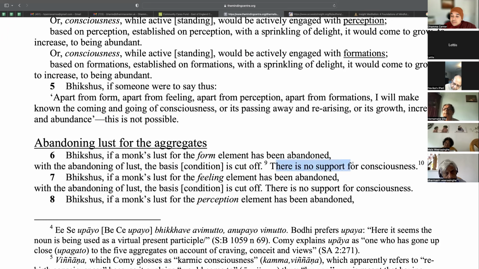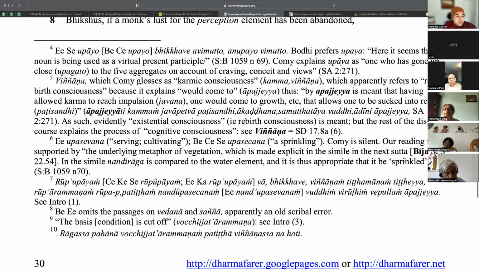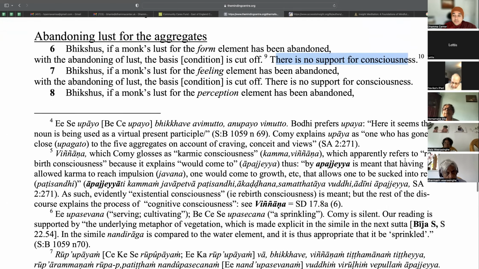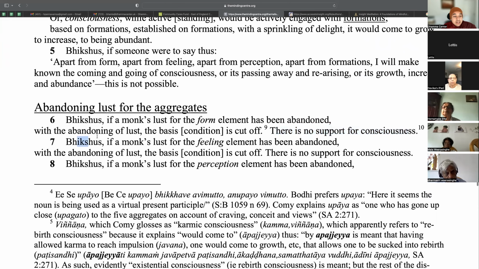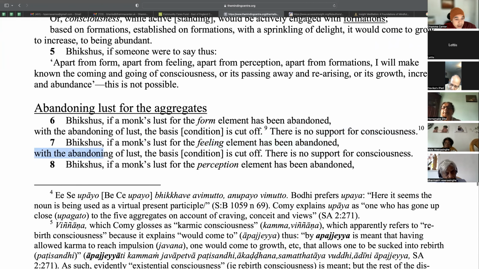There is no support for consciousness. Because if a monk's lust for feeling element has been abandoned, with the abandoning of lust, the basis is cut off. Now, in this part, we can imagine what is being said.